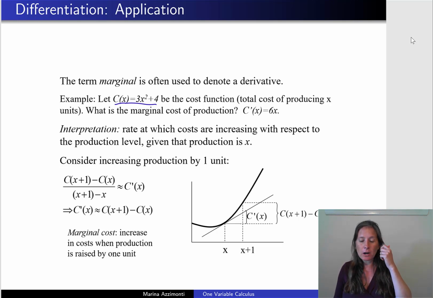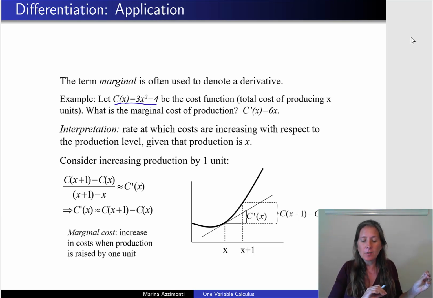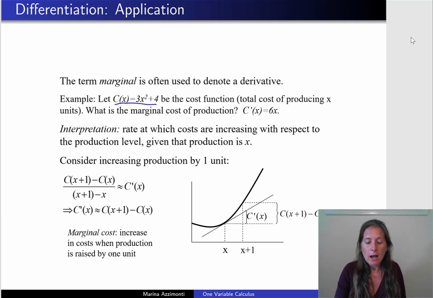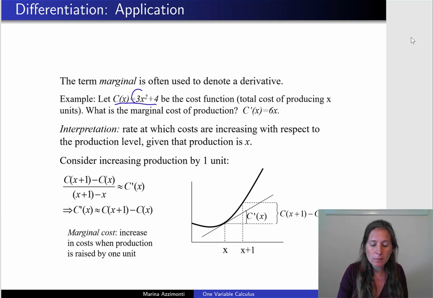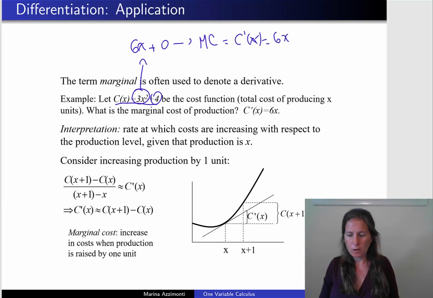So what is the marginal cost of production? Well, the marginal cost, again, marginal equals derivative, is the derivative of c with respect to x, and this is simply the derivative of this function plus the derivative of this function. The derivative of this function is 6x plus the derivative of 4 is just 0. So your marginal cost, which is c prime of x, is going to be equal to 6 times x.